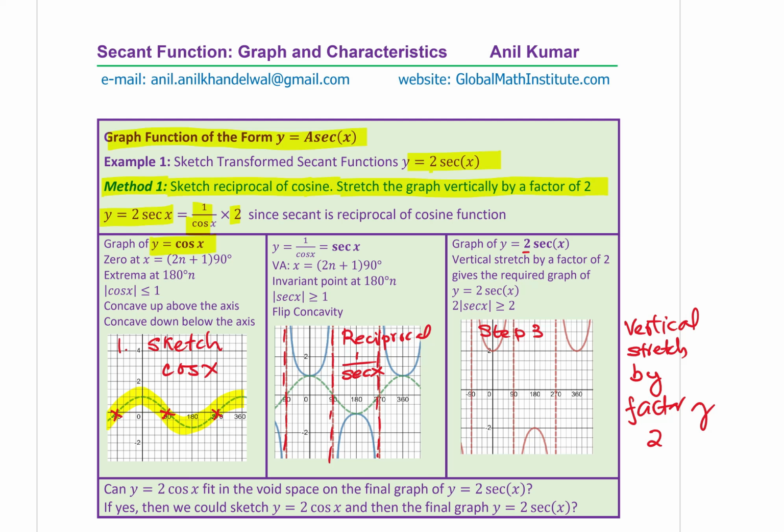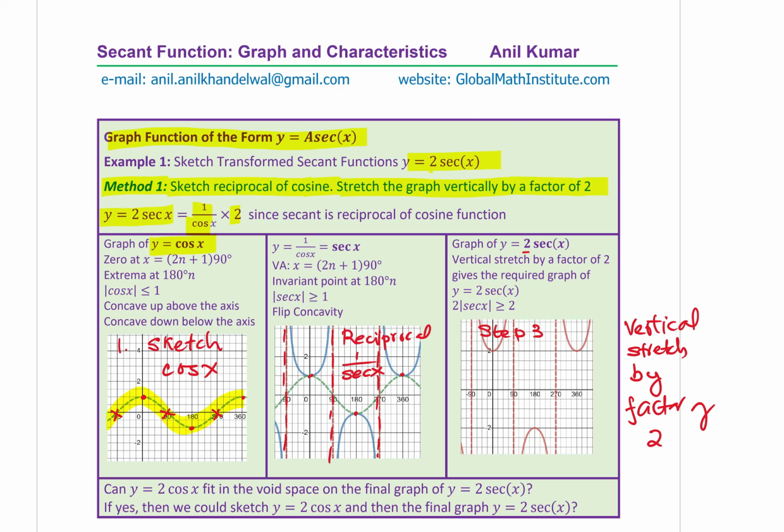Okay. Then we also learned that these are the invariant points, the local maximum and minimum. While in cos, these are the absolute maximum and minimum also. So since they are invariant points, those are common to both cosine and the secant function.